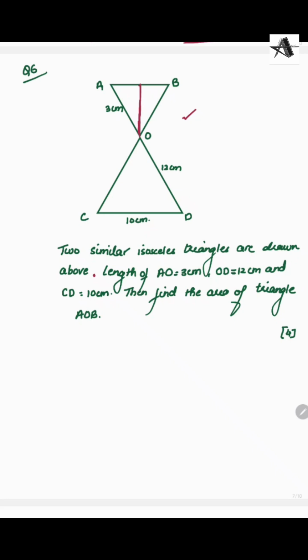Area scale factor is 9. So length scale factor would be root of it. Length scale factor is 3. If you are asking that you have to calculate the volume of water poured. See, if you see this one, volume of water poured, the water is poured till here.